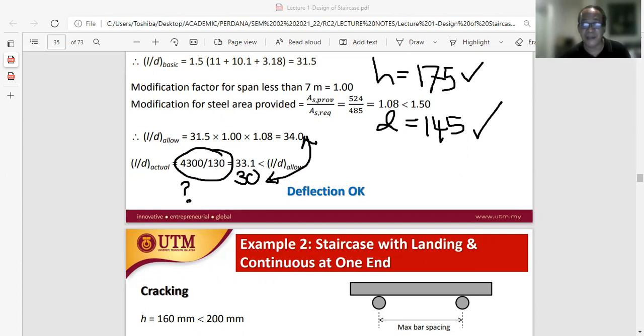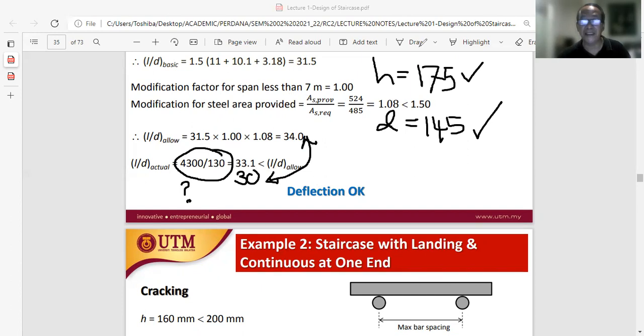In terms of comparing 33 with 34, it is still okay on paper. Okay, on paper it's still okay. Only if we were to use 175, it gives a better control in deflection. We have a smaller actual L over D as compared to the allowable L over D. Right?